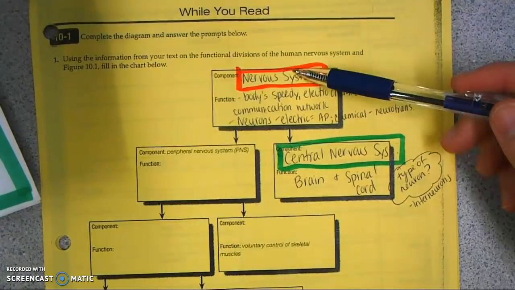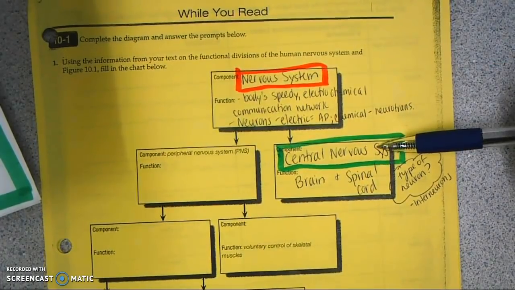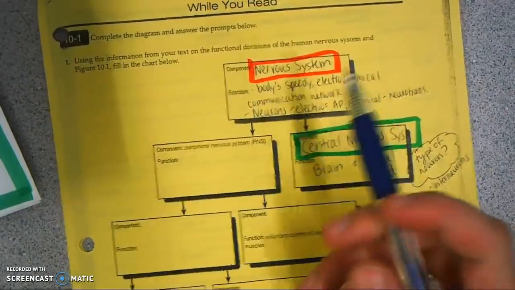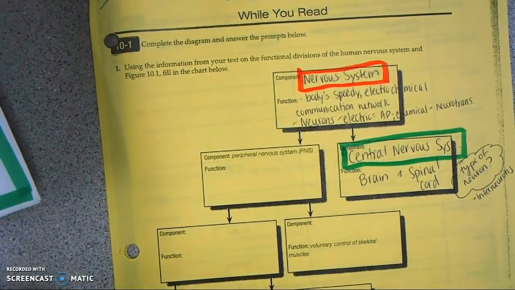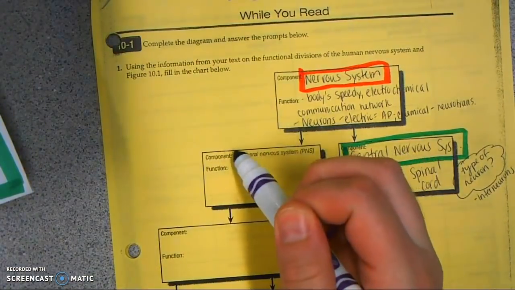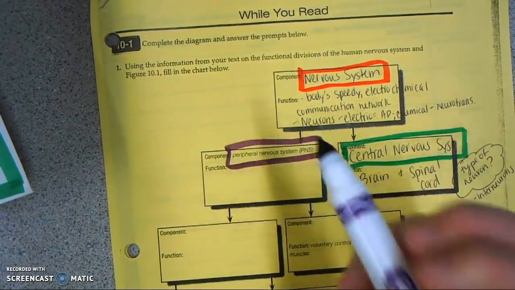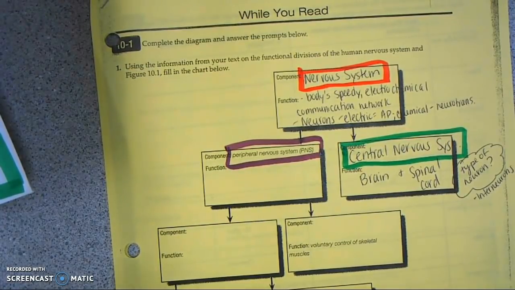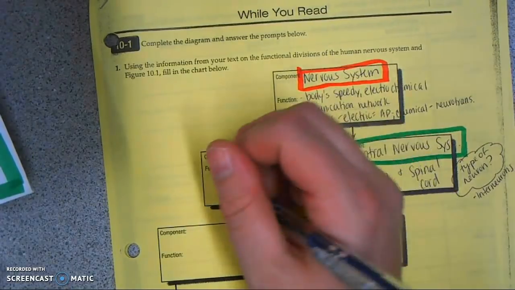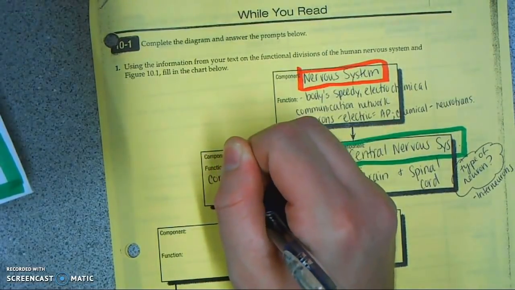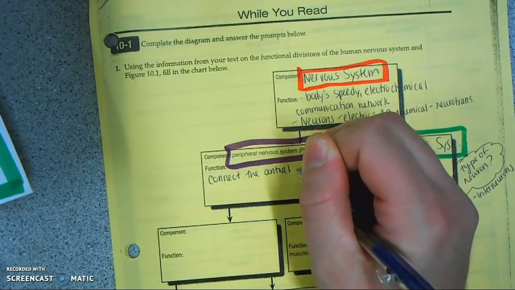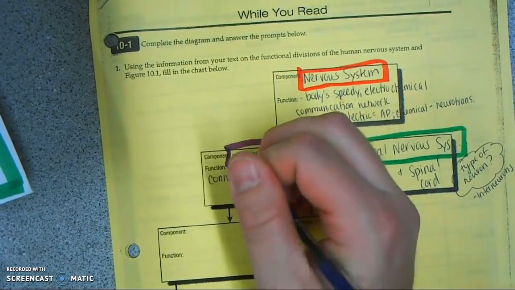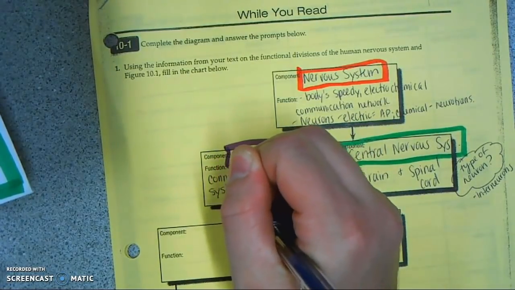The first subdivision of the nervous system is the central nervous system, and over here it is the peripheral nervous system, or the PNS. When we talk about the peripheral nervous system, this is what's going to connect the central nervous system to the rest of the body.